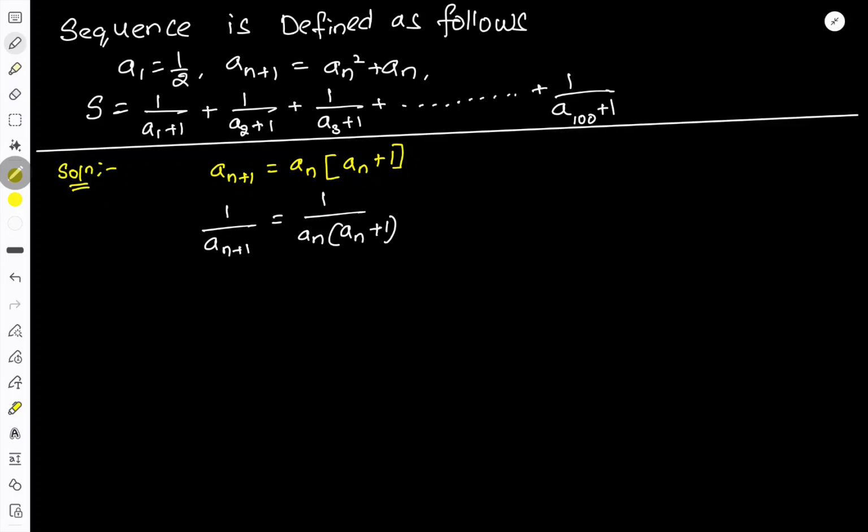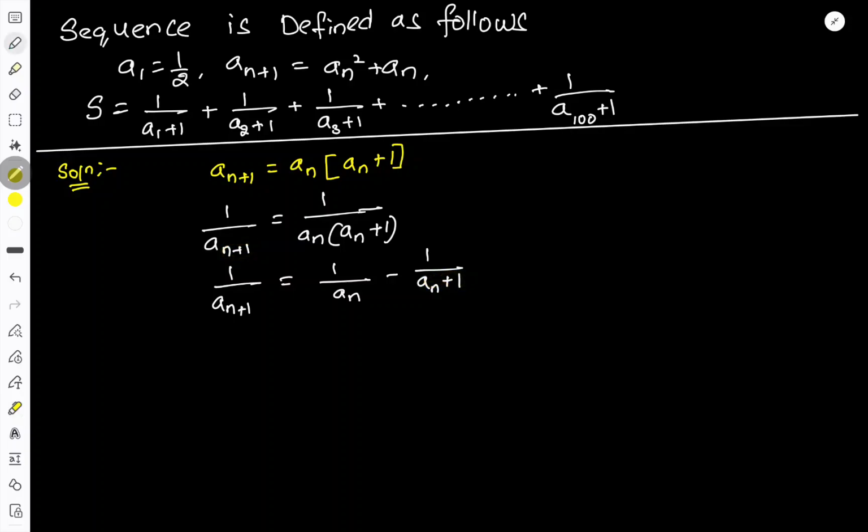Now the other way, you can write this as 1 by an minus 1 by (an plus 1). Hope you understand students, this plus 1 is for the n, this plus 1 is for the entire term.